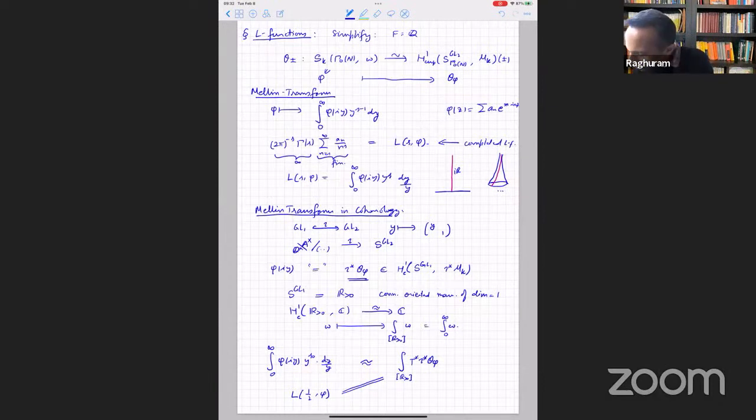Okay, this part of my screen is cut off, so this is roughly L at a half. So this is how one views an L value as coming from a Poincare pairing. This is Poincare here, by the way.